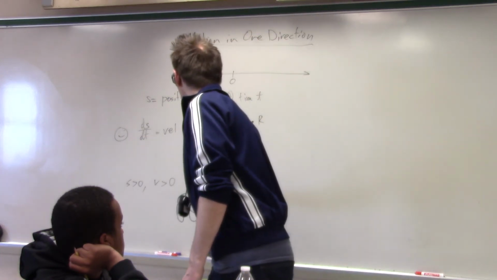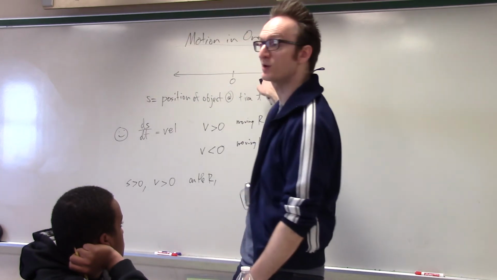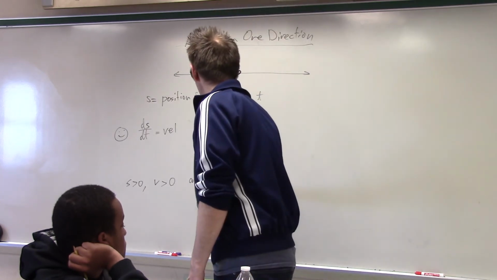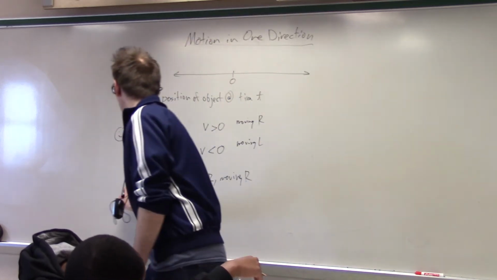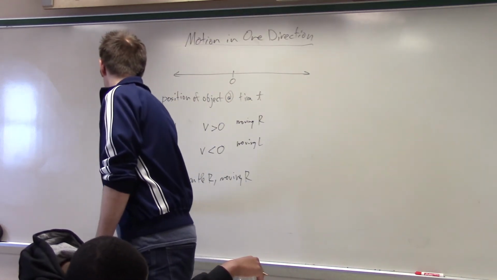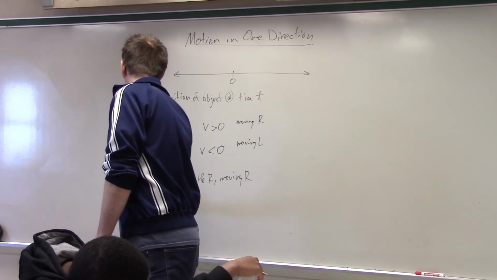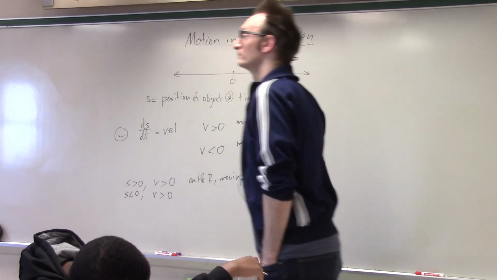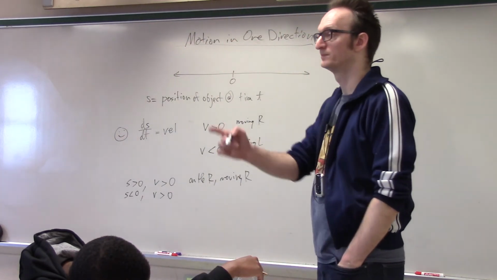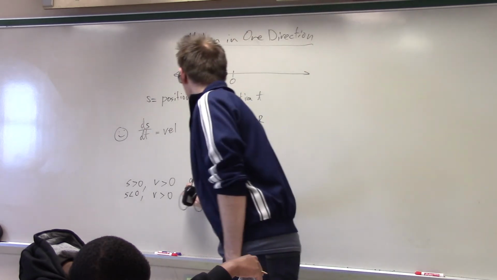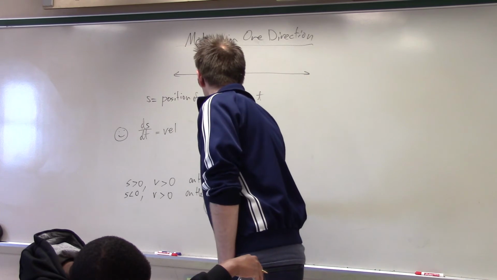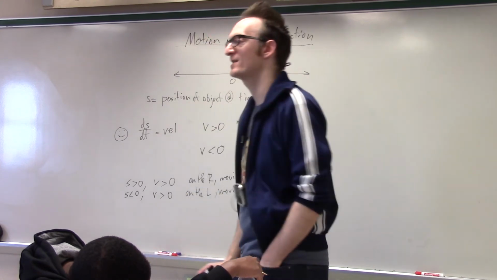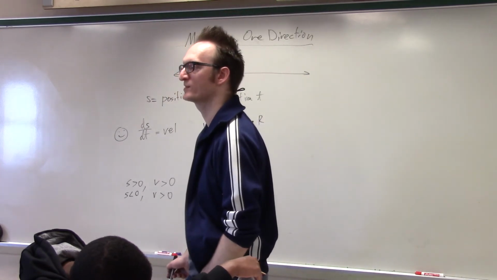You're in positive territory and you're moving right. What if your position is negative and your velocity is positive? You're on the left and you're moving right. Yes, and the others are just more of the same.